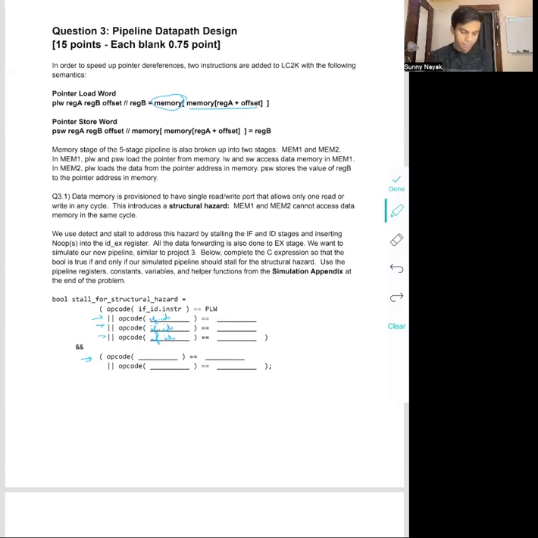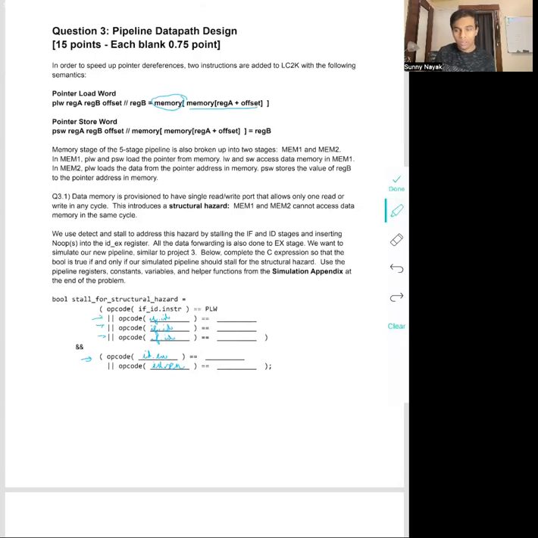Very similar here. This code is structurally going to be similar. I'm going to be comparing what's in the IFID to what's in the next stage, which is the IDEX. I'm going to look in the IDEX for a conflicting instruction.